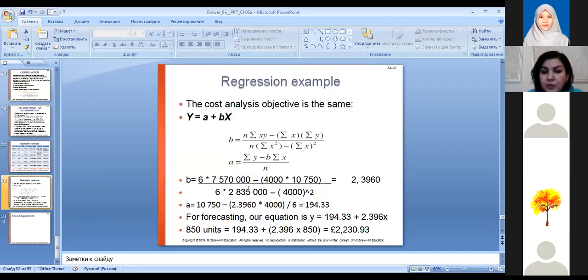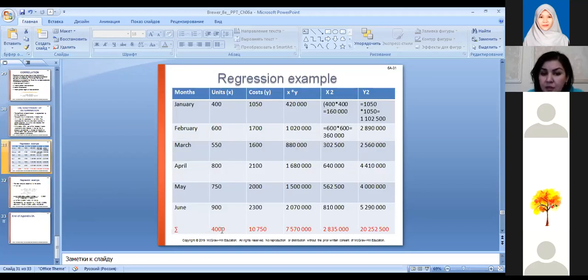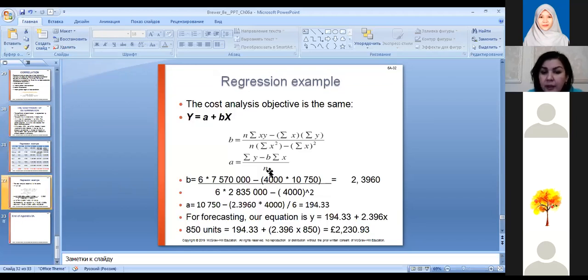Okay, we'll put this instead of this value, 2,835,000 minus sum of x squared. So total sum of x is 4,000, and I've put this sign, it means squared. Okay, I have calculated all this using my calculator, and what is the result?